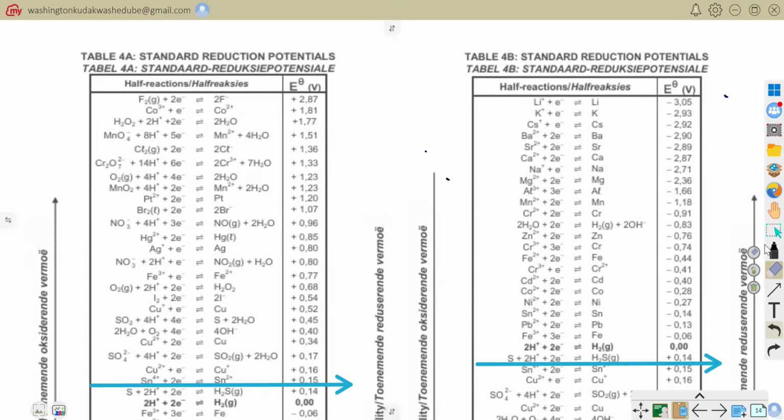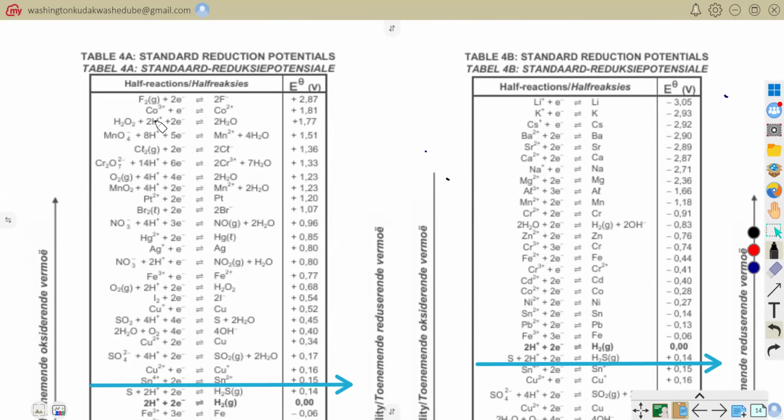As we are going up, we are increasing the oxidizing power. So my fluorine here has a higher power of gaining electrons to form a negative because of this positive. So it has a higher affinity for electrons.